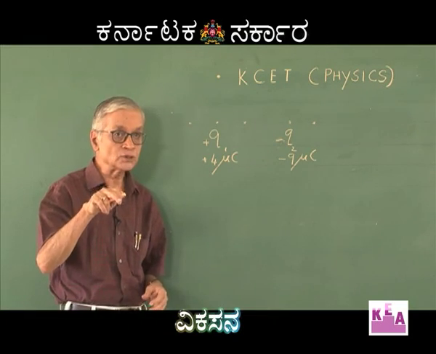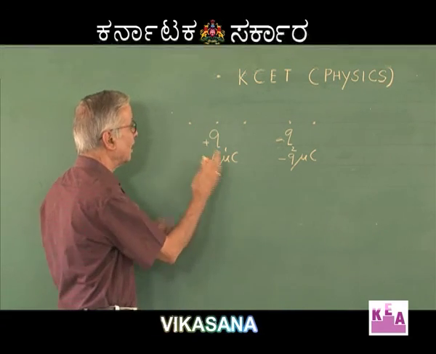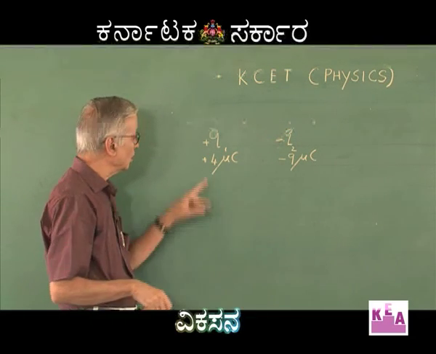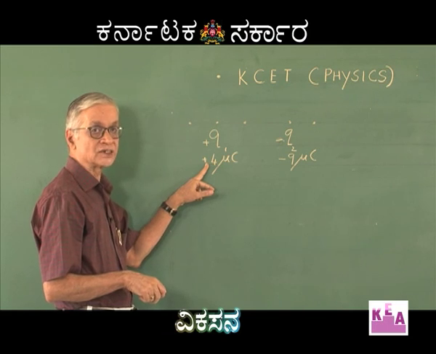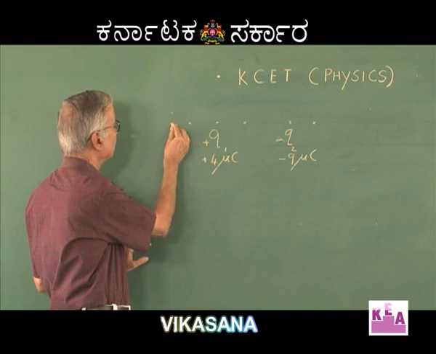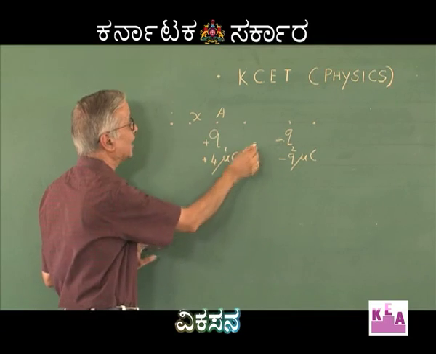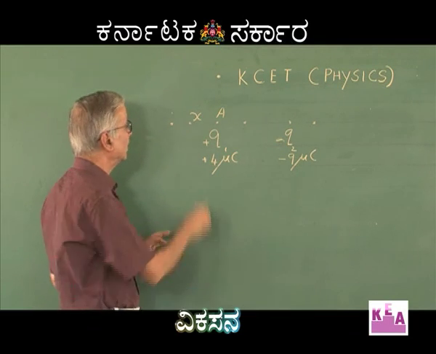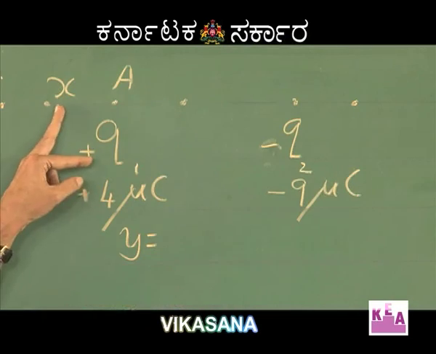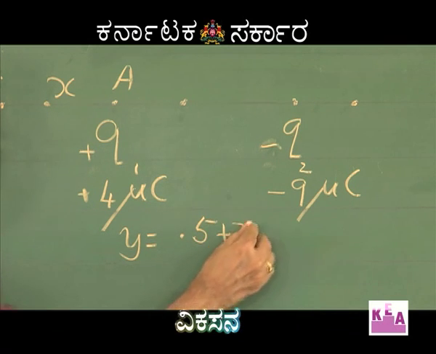From what I told you just now during the explanation, the null point must be beyond the line joining the 2 charges and closer to the smaller of the 2 charges, means the null point must be somewhere here. Suppose it is at a distance x from A and y from B, then y must be equal to x plus 0.5, that is 0.5 plus x.